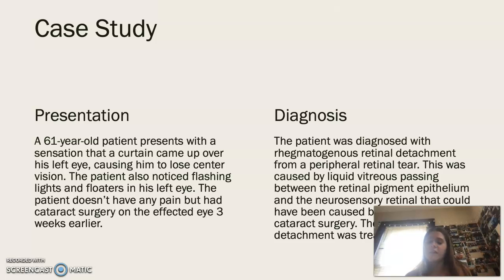The doctors later determined that it could have been caused by his cataract surgery. So during this surgery, this barrier could have been disrupted. The retinal tear that he was diagnosed with could have occurred that allowed these molecules to pass into his retina. But the retinal detachment was treated with surgery. The patient recovered. He was able to regain his vision.